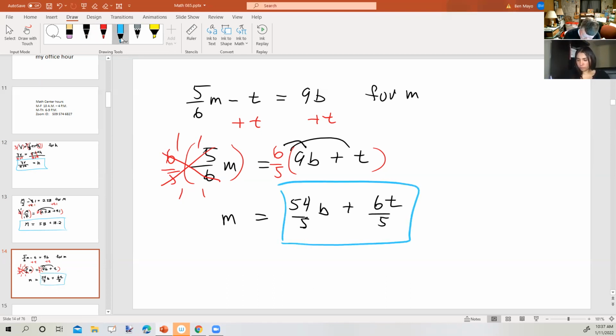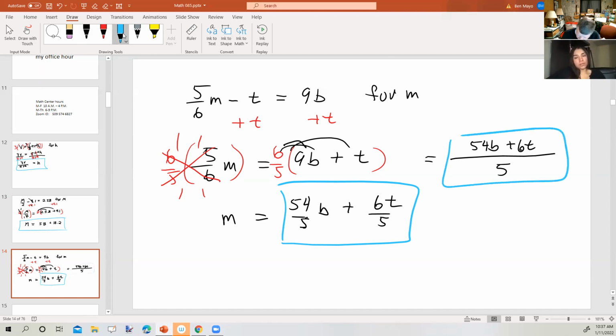You could also distribute the 6 and leave it all over 5, so you'd have 54b plus 6t all over 5. It's the same thing. Any questions there?